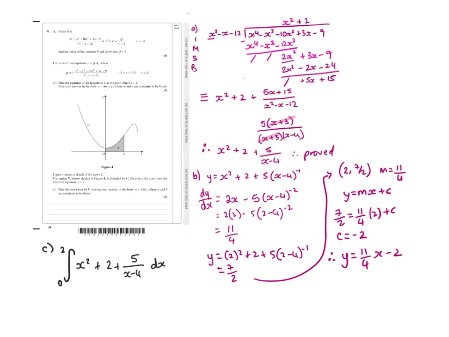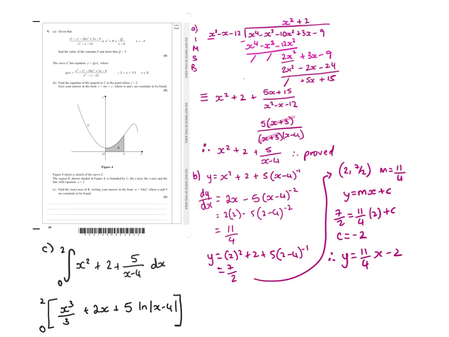When I start integrating, between 2 and 0, x squared, increase the power by 1, 3, divide by the new power, 3. Then 2x. When I integrate 5 over x minus 4, this is to the power of minus 1, so if I increase the power, I get 0. So I know it's going to integrate into a ln. So I'm going to get plus 5 ln x minus 4.